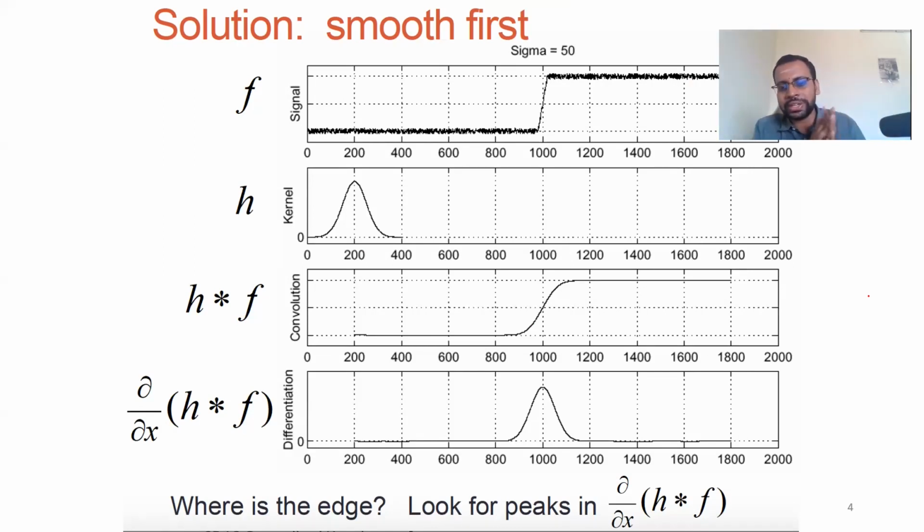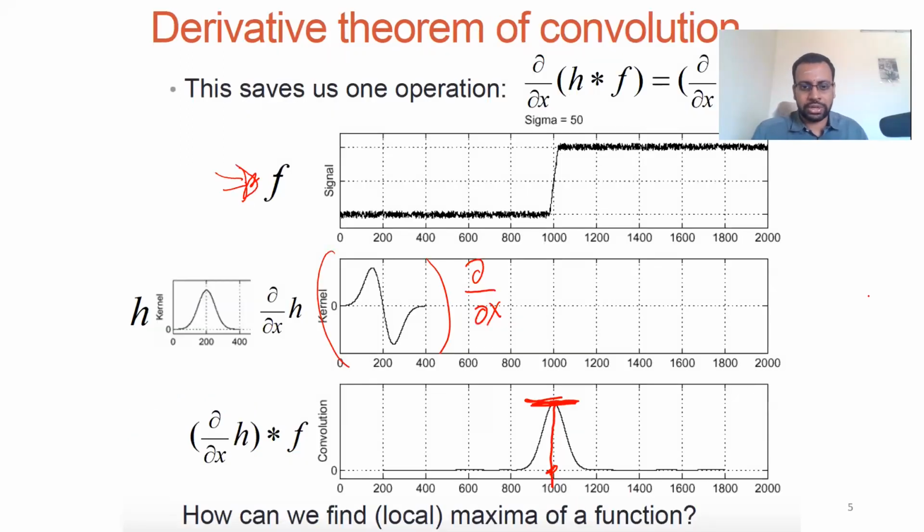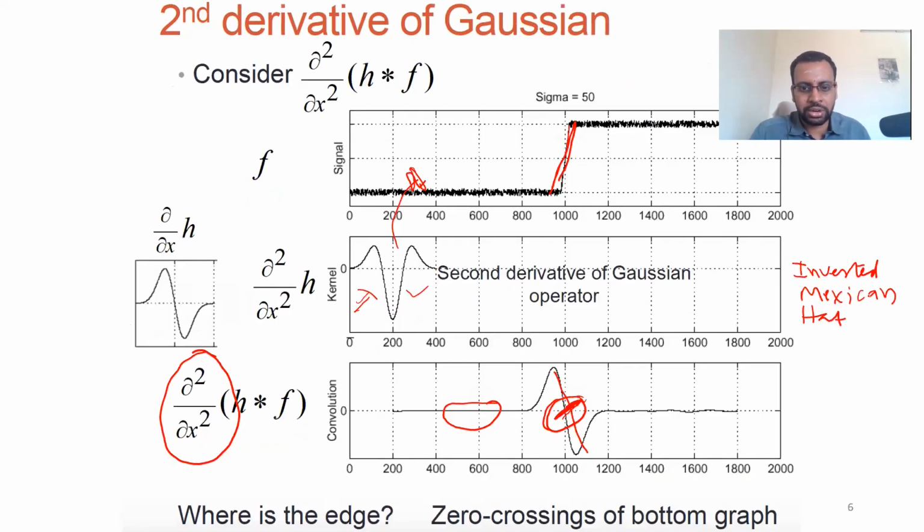Once you ignore that part, this will be of the same size, more or less. Going from 10 to 20 doesn't really matter, because your image size is 1000 by 1000 or could be more. You just compute it for that region, assuming that you will take care of boundaries. Inverted Mexican hat is something you would get.